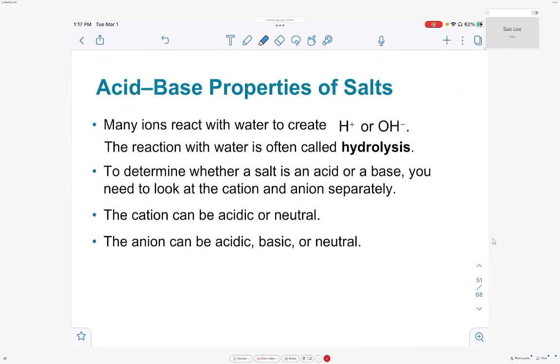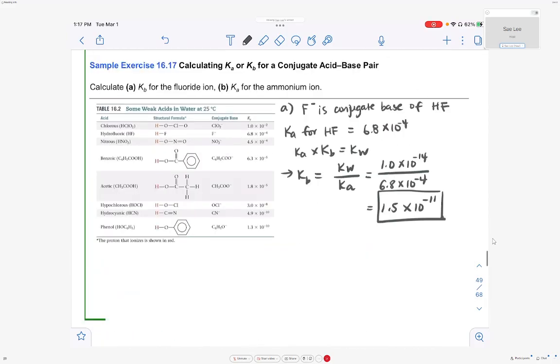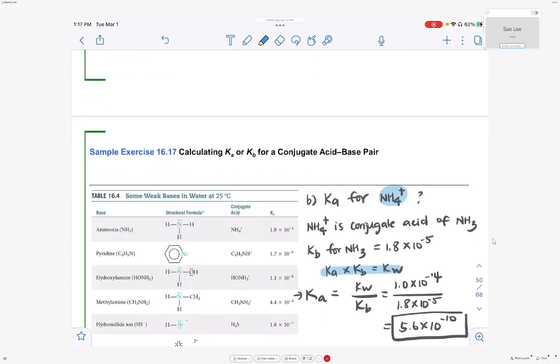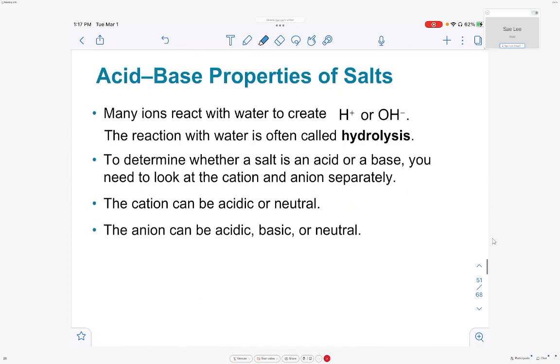As you can see from the previous sample exercise, we calculated Kb for the fluoride ion, and Ka for the ammonium ion. This means many ions react with water to create proton or hydroxide.